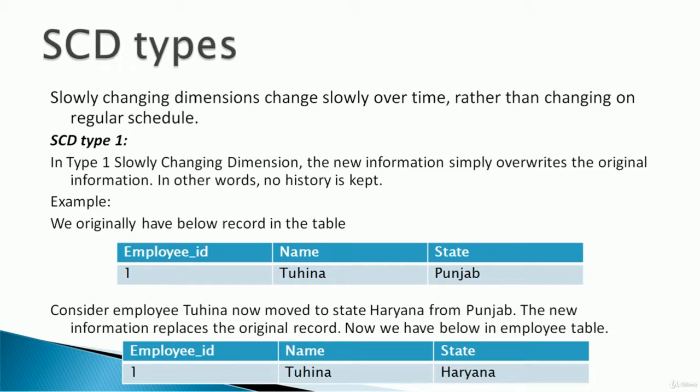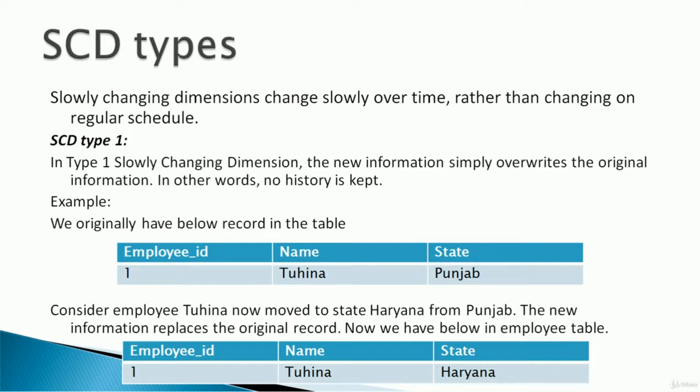So in general practice, while you are doing the ETL work, there would be some scenario wherein you need to handle these slowly changing dimensions. So generally to handle it, we have three types of solution. The first one is SCD type 1.